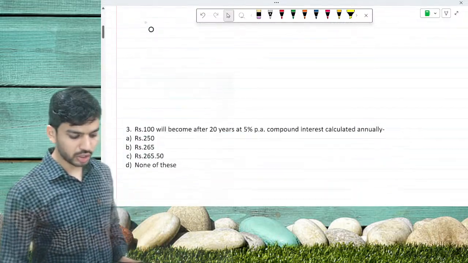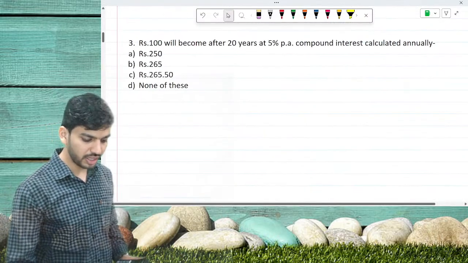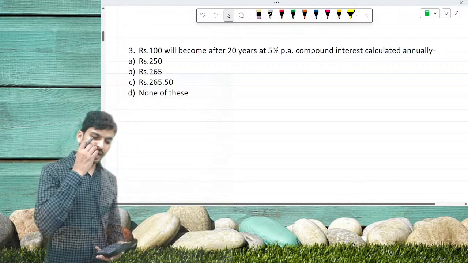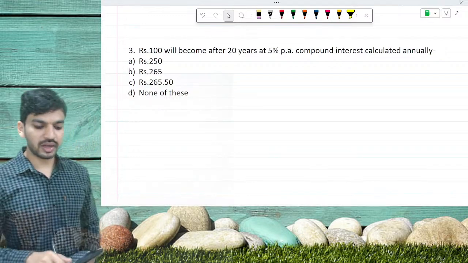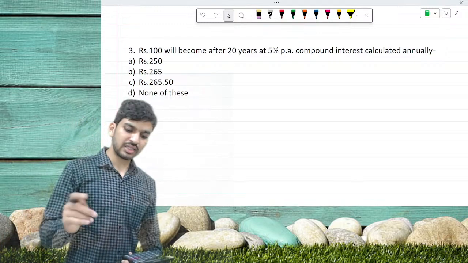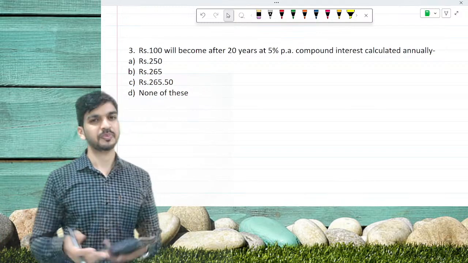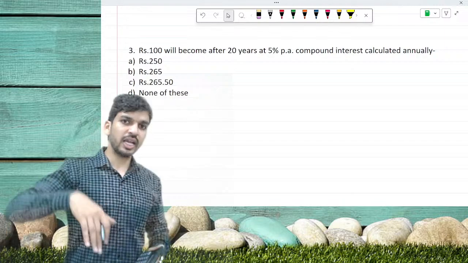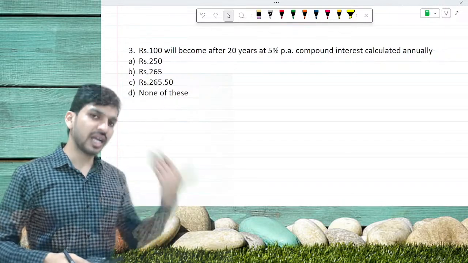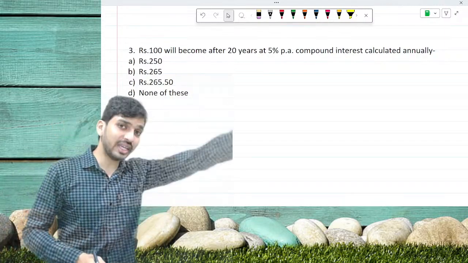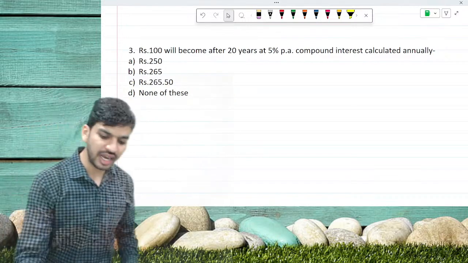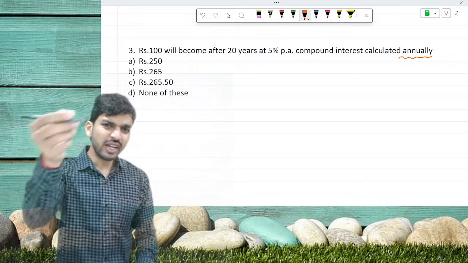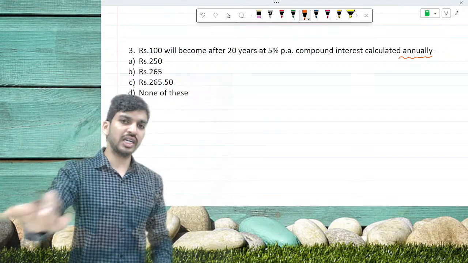Okay, let's go for question number 3, all of you. 100 rupees will become, after 20 years, at 5% compound interest calculated annually. That means they are asking what 100 rupees will become after 20 years if the rate of interest is 5% calculated annually. If it is annually, we do not need to change anything.